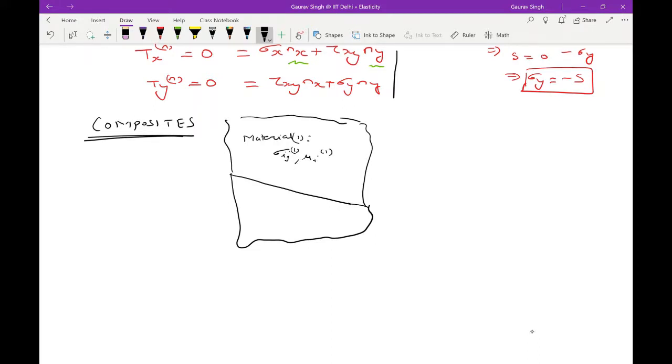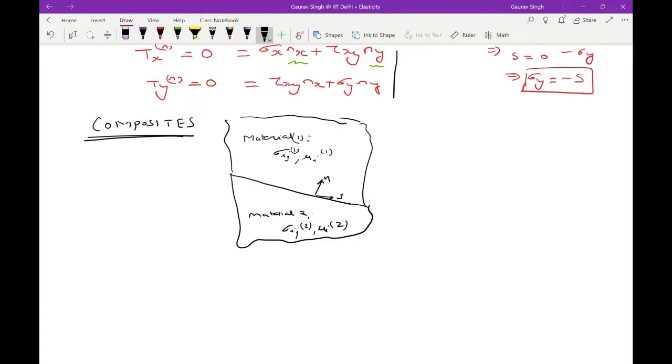Okay, so you have n normal as traction, and then this is material 2. Here sigma ij of 2 and ui of 2. Similarly, eij of 2 also on this. Okay, using the same convention.